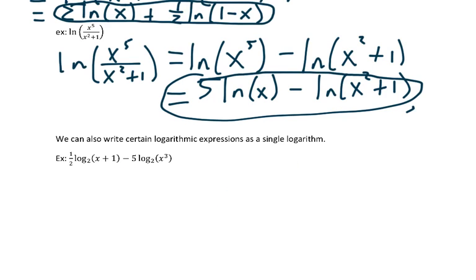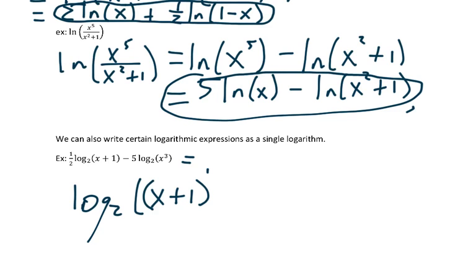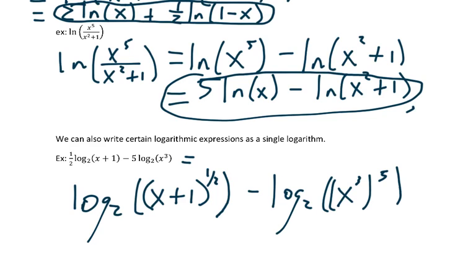Okay, so let's do that. Essentially, using the property we used above backwards, this is going to become log base 2 of x plus 1 raised to the 1/2, minus, now the 5 is going to come up, so we have log base 2 of x cubed raised to the 5th.